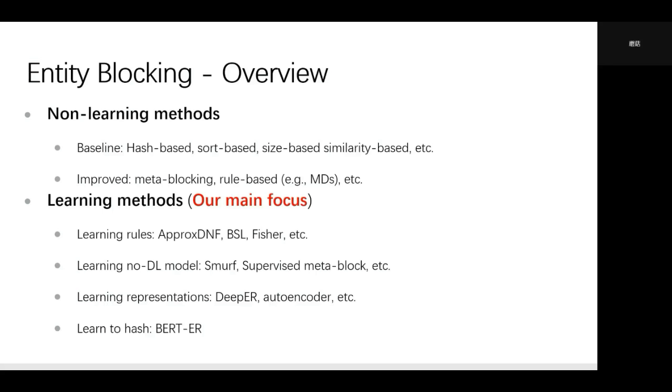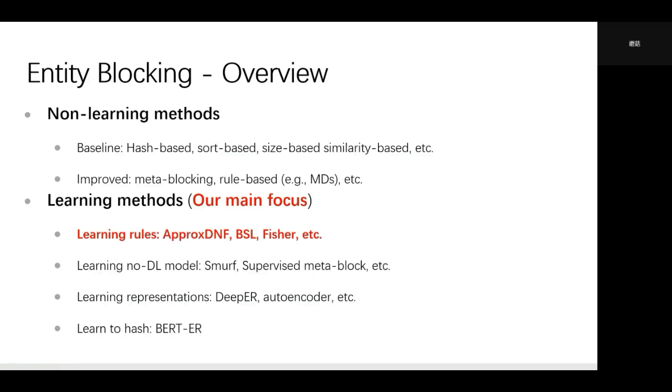There are four directions, including learning rules or learning non-deep learning models such as random forest or logistic regression. The third one is learning representations, where we transform each tuple into the Euclidean space. The final direction is learning hashing. Similarly, we transform tuples into the Hamming space.